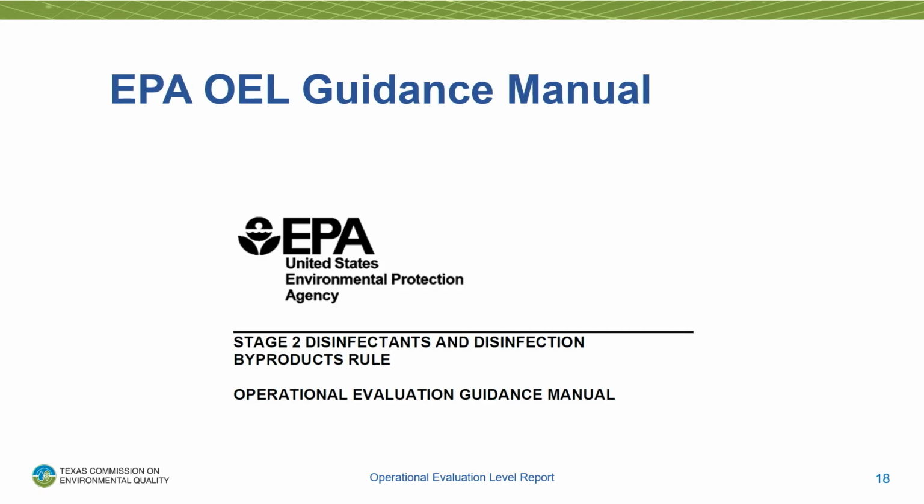Another wonderful thing that the EPA has provided us is the EPA guidance manual that they put out whenever the Stage 2 rule came out. Some of the information is not as current as what we understand about DBPs now, but it's still got a ton of valuable information as far as treatment goes and mitigation techniques that can be used, especially for systems that have DBPs related to water age.